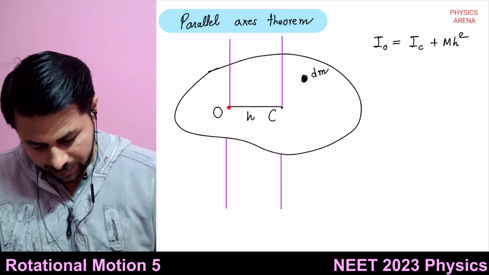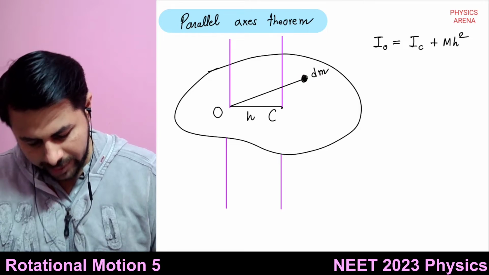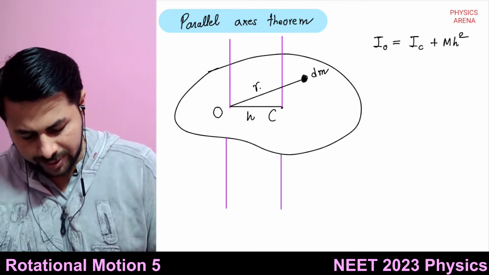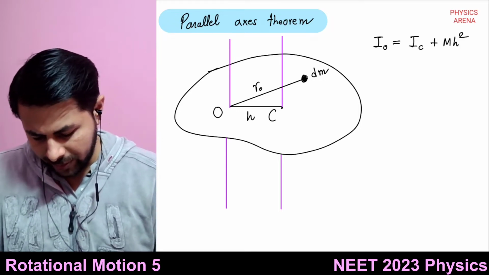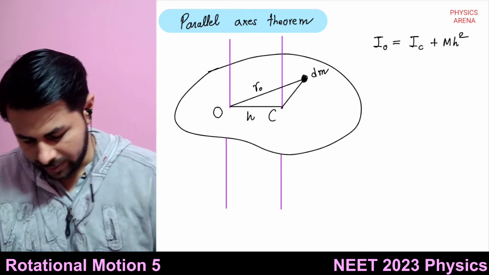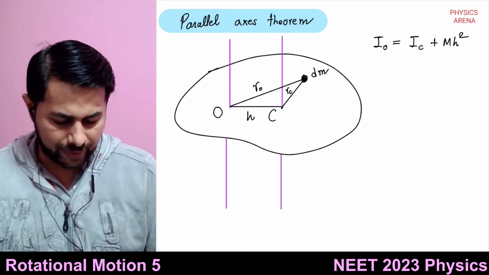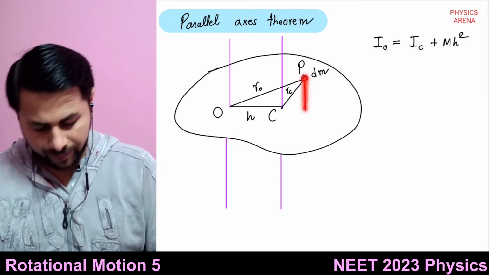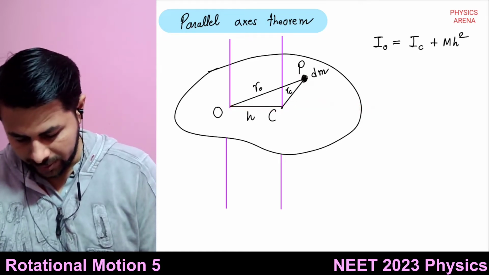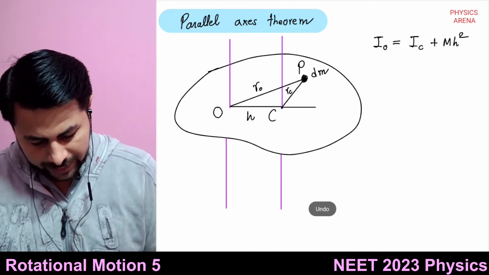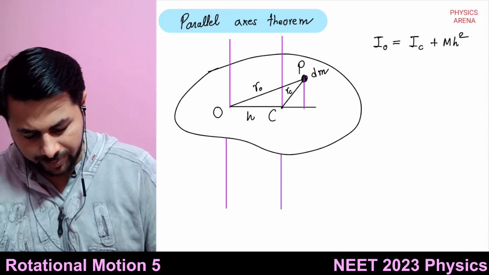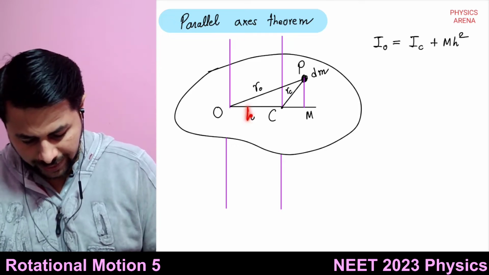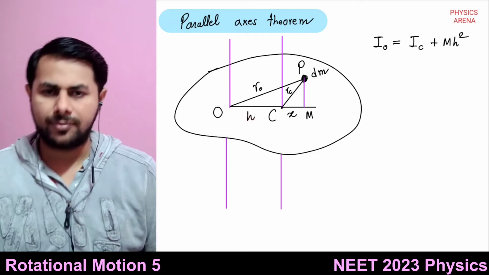Its perpendicular distance from this axis, which passes through O, is r suffix O. Its perpendicular distance from the axis through the center of mass is r suffix C. Let's call this point P. I will extend OC and draw a perpendicular from point P, which meets at a point, let's call it M. OC is h, and this distance is suppose x.